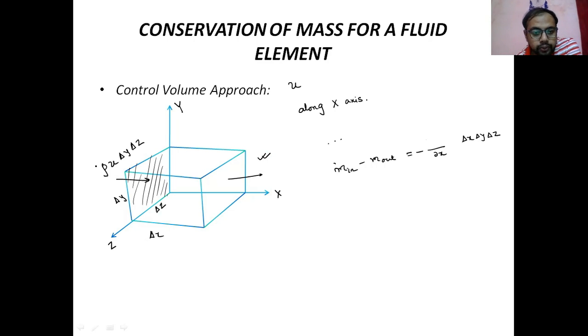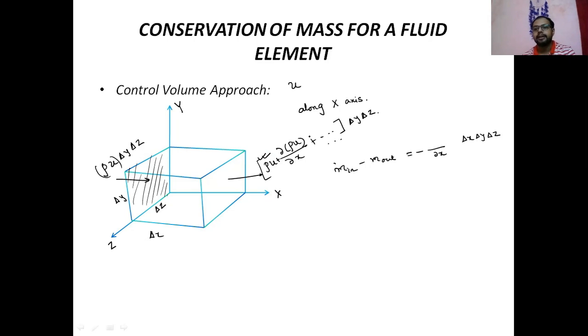So rho and u both are varying with x. So d of rho u by dx, so rho u plus this term plus error terms, into dy. Rho may vary with the x coordinate because the density might not be constant.